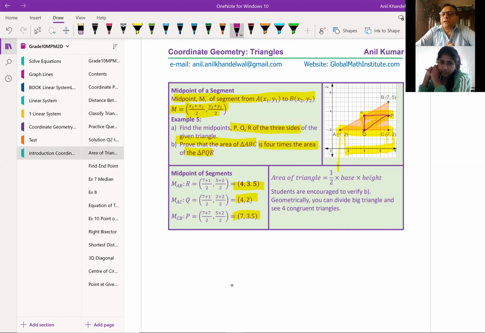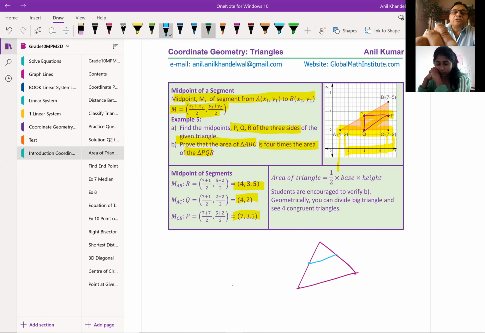So we are also looking into one more aspect here, and from here we get a couple of questions actually. So if I have a triangle, let's say we have a different triangle, and if I join the midpoints, the question will be for you, prove that these two are parallel lines.